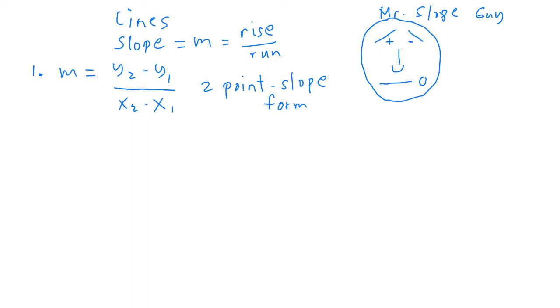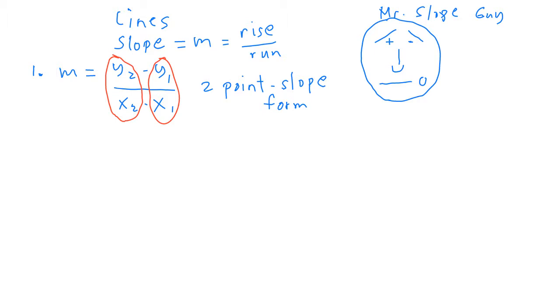This is the first ordered pair here, x1, y1, and the second ordered pair is x2, y2. So the numbers here are just subscripts. Do not treat them as a power. Y squared is different from y subscript 2. Those are just indicators: that's the second point, and that's the first point.